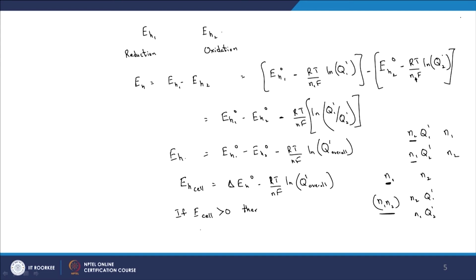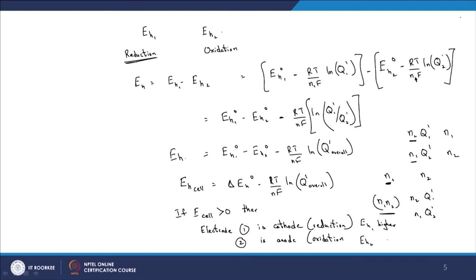Then electrode 1 is the cathode, where reduction occurs, and electrode 2 is the anode, where the oxidation occurs, as in EH1 is higher than EH2.